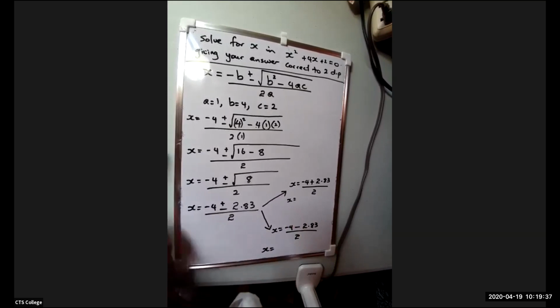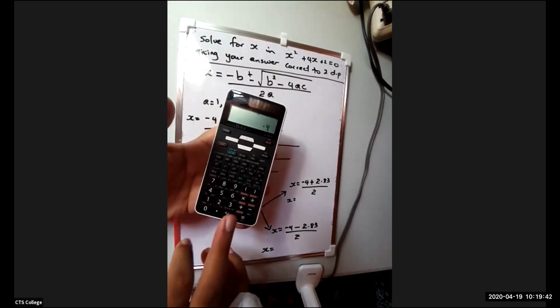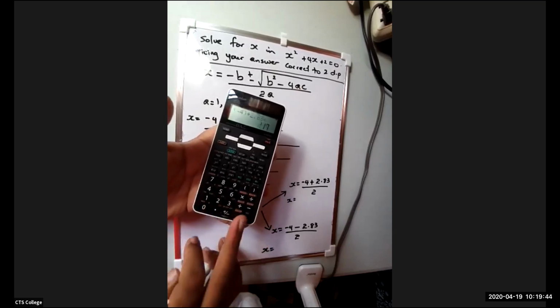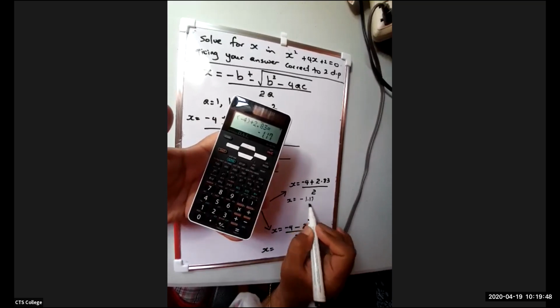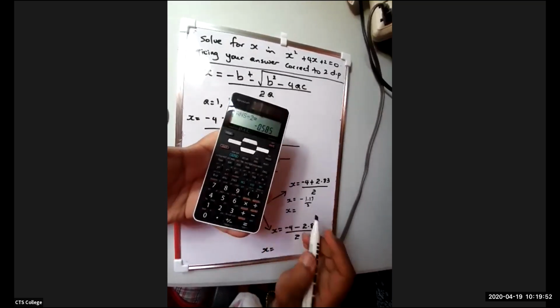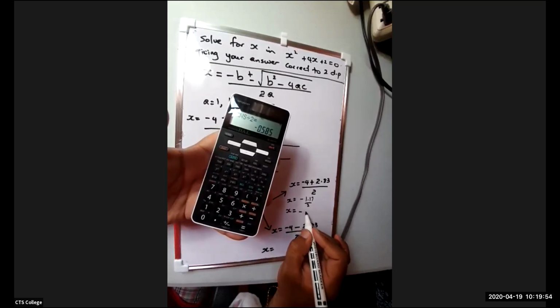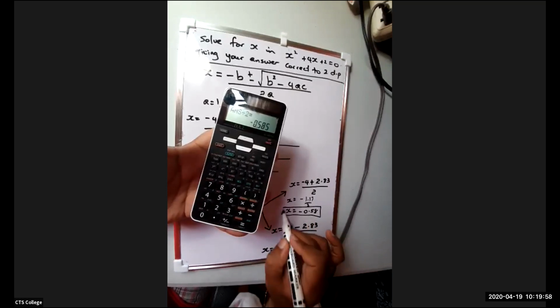So of course, minus 4 plus 2.83 is minus 1.17 over 2. So we divide this by 2, negative 0.58. This is our first value for x.